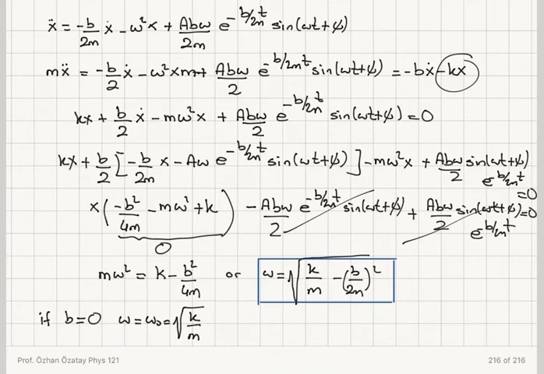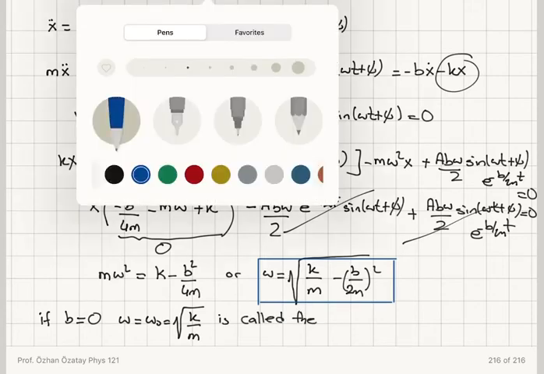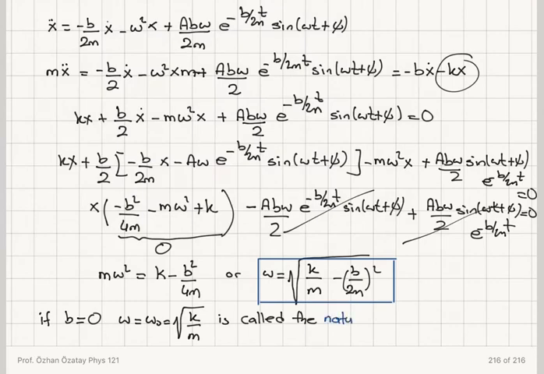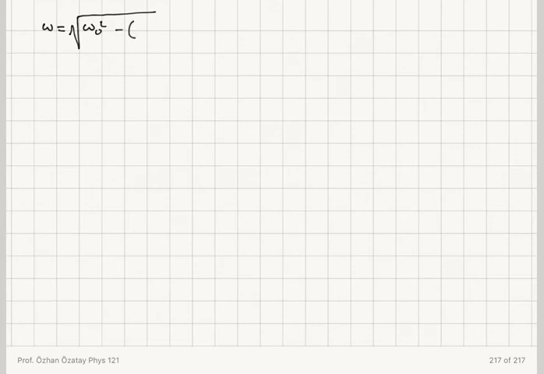That is the case where you have no damping, and this is called the natural frequency. So you can write your angular frequency omega as square root of omega 0 squared minus b over 2m squared.